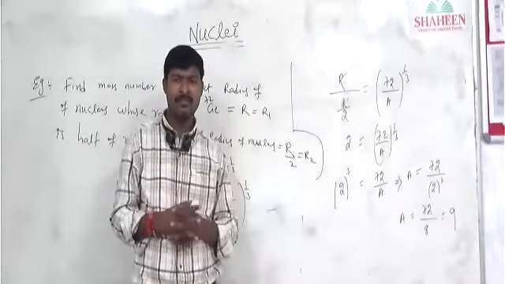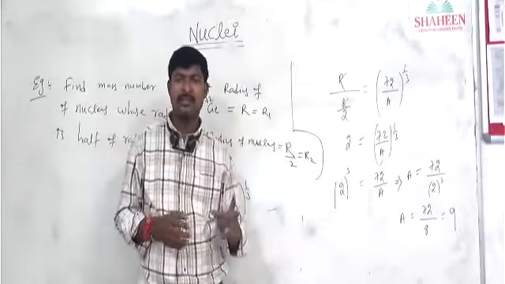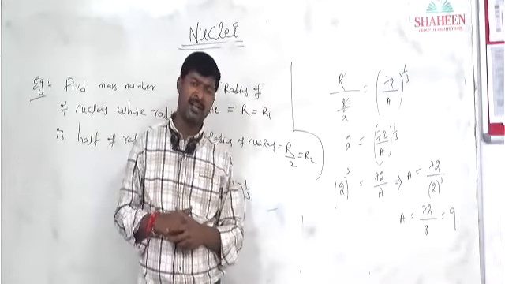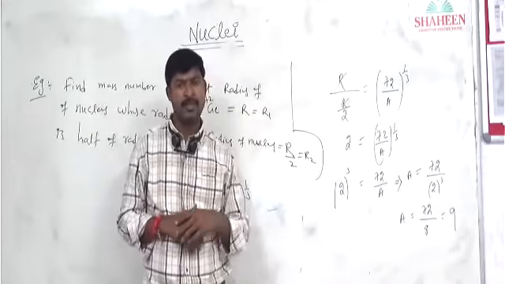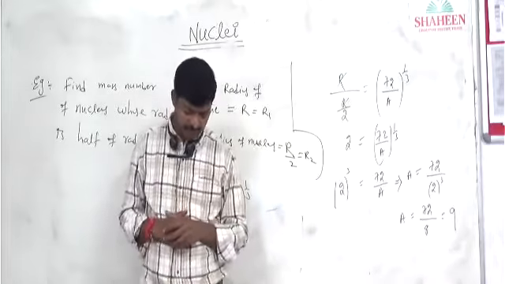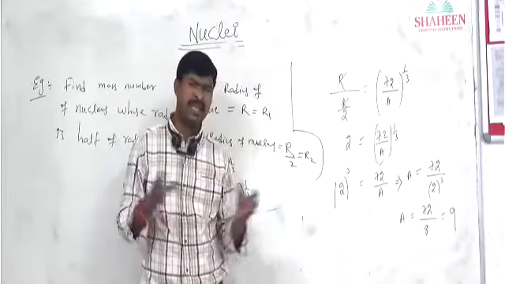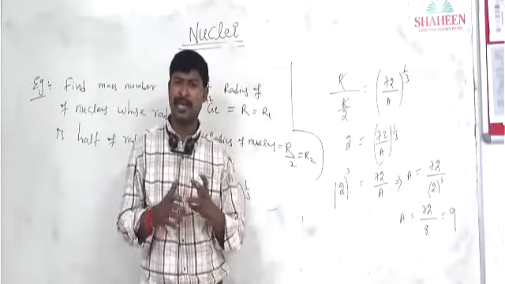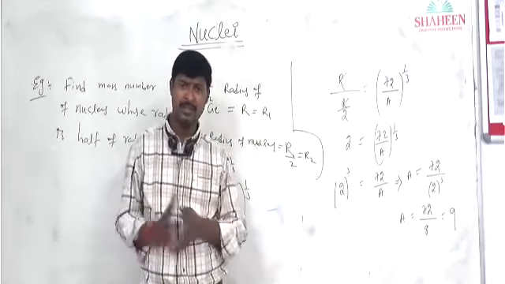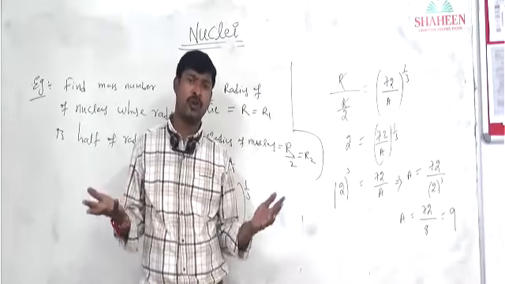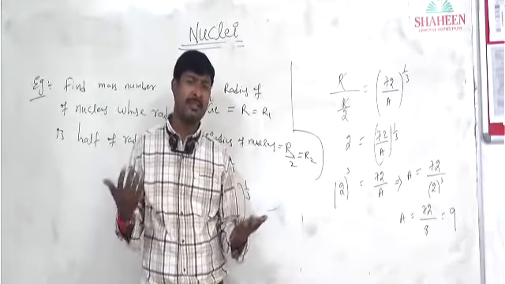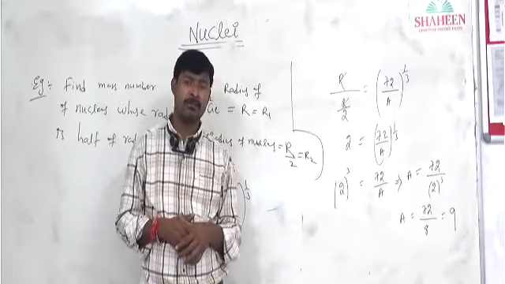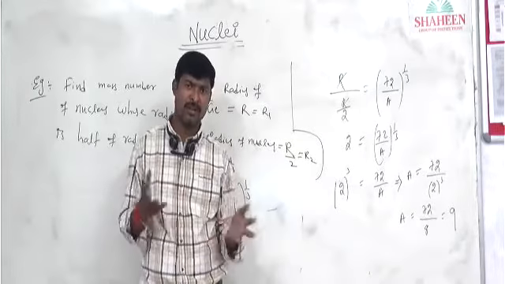In the next class, we will discuss mass defect and binding energy. Before that, basic terminology like isotopes, isobars, isotones, I think you know. Isotopes means nuclei which have the same atomic number but different mass number, like 1H1, 1H2, 1H3.